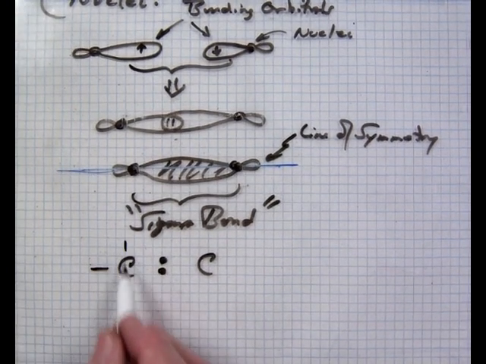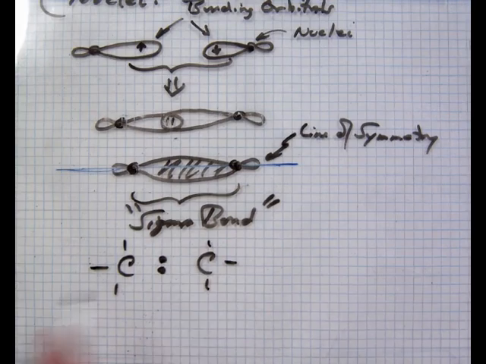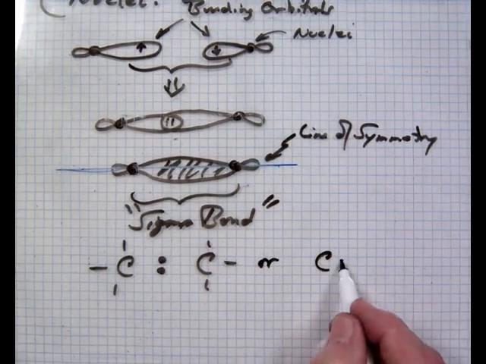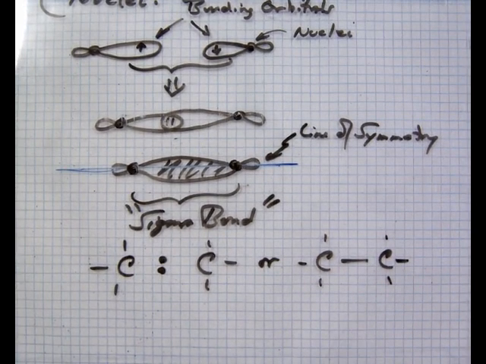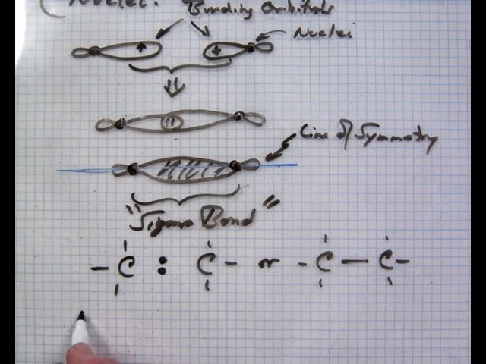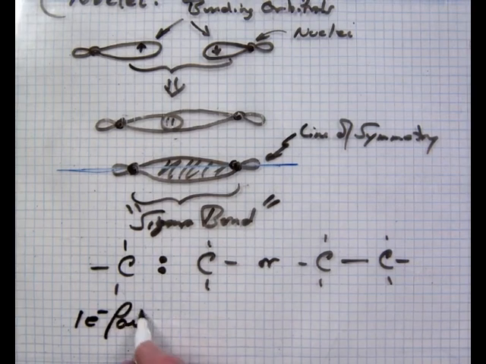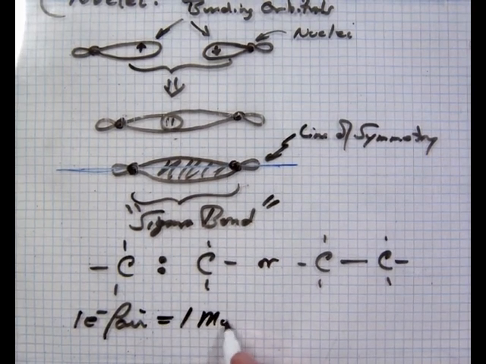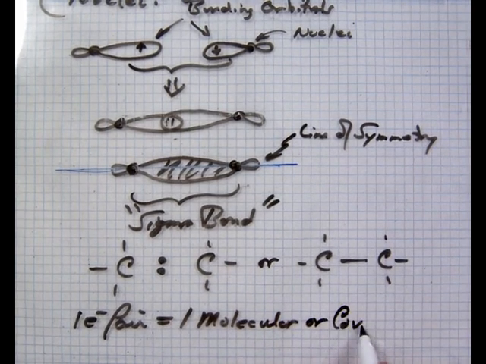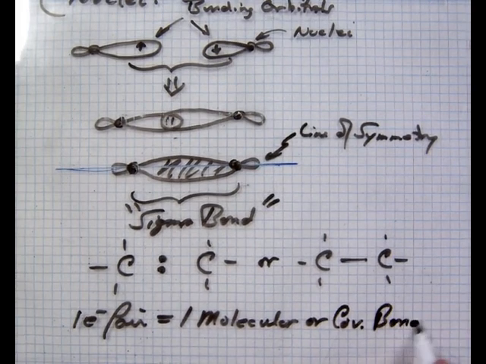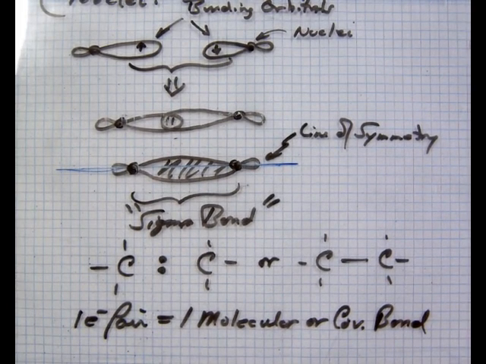We can use an electron pair to show that bond, or we can use a bar. And I put these out here because carbon has 4 bond sites. The bar designation is the same thing as an electron pair. One electron pair equals one molecular bond, or covalent bond, like that.